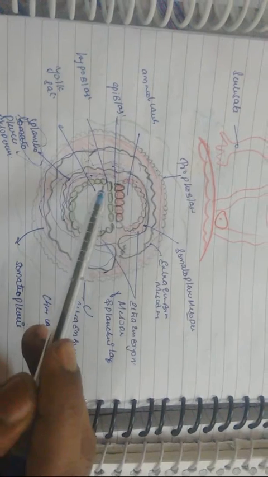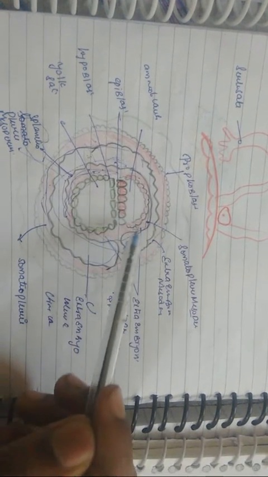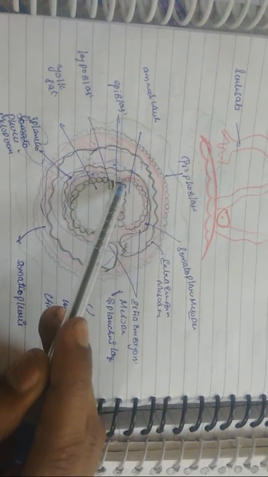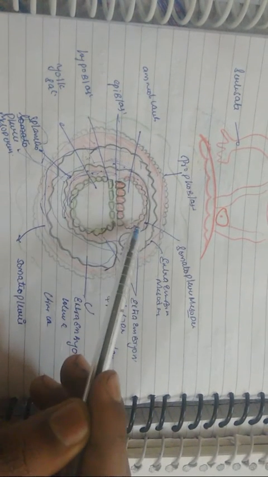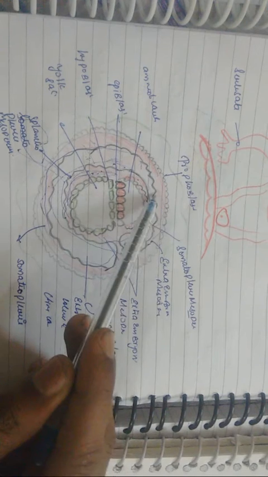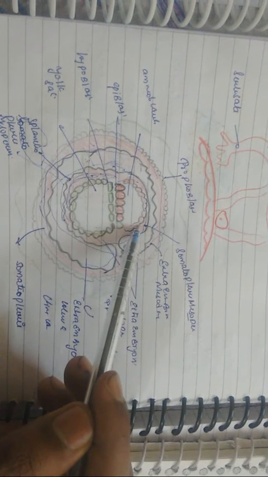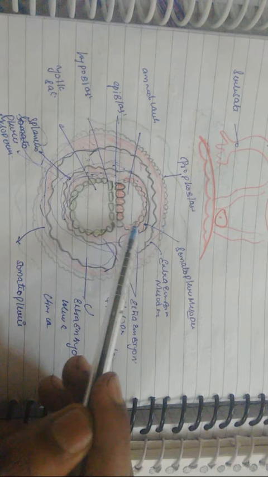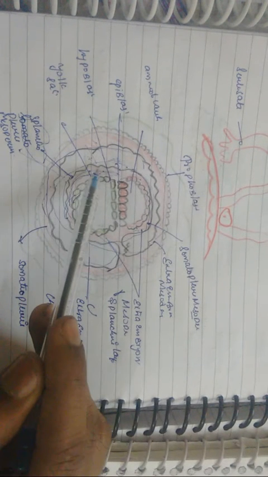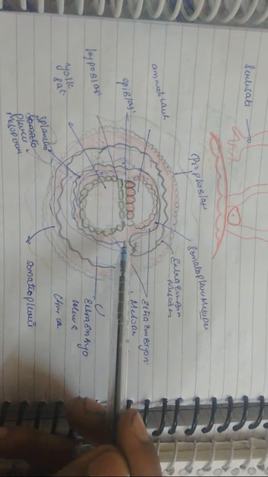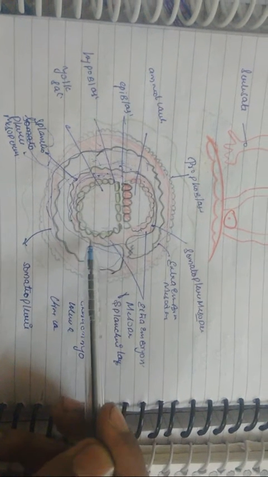It is outside the embryonic mesoderm. And this mesoderm is again divided: the mesoderm covering this amniotic cavity, at this position, we call it somatopleuric mesoderm, and the mesoderm covering this yolk sac we call splanchnopleuric mesoderm.